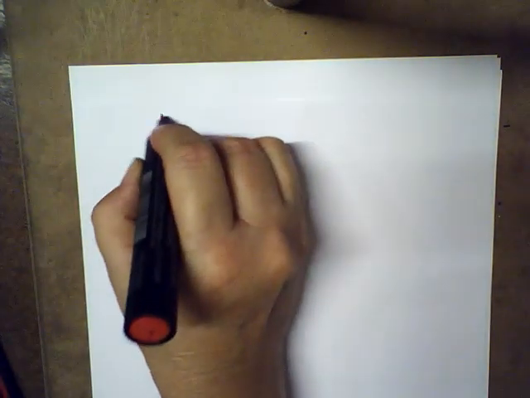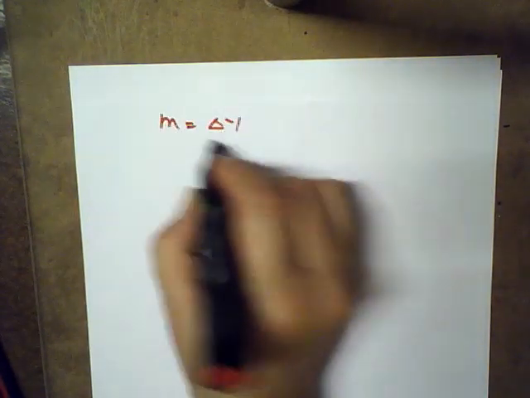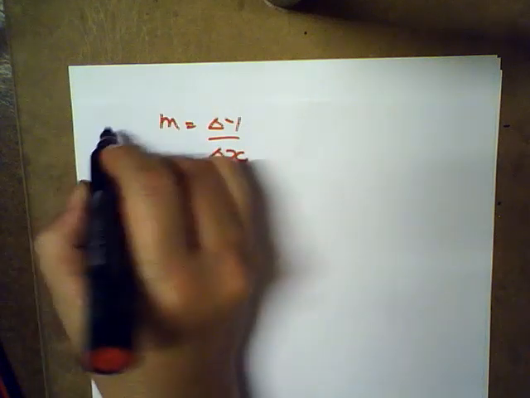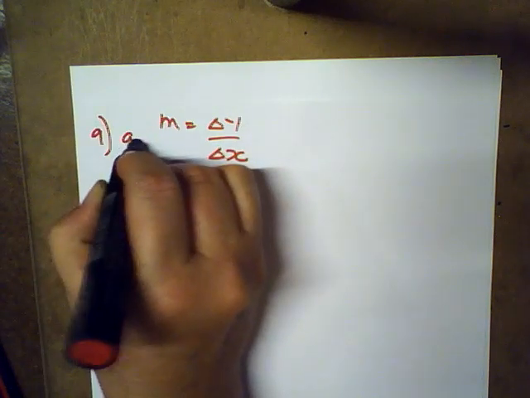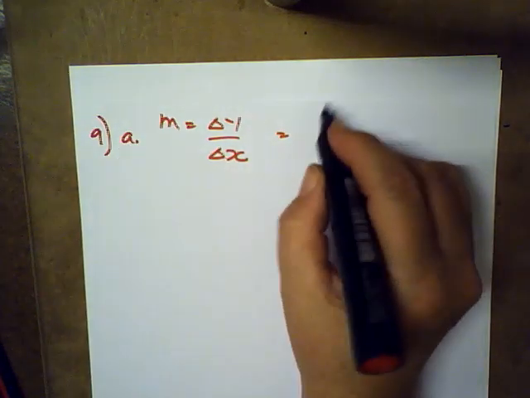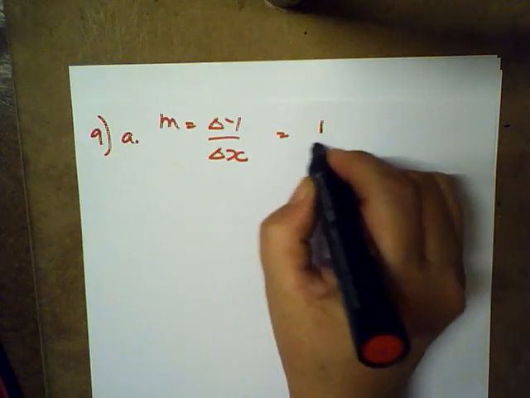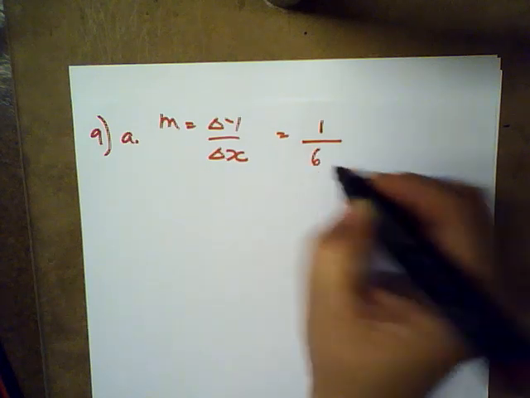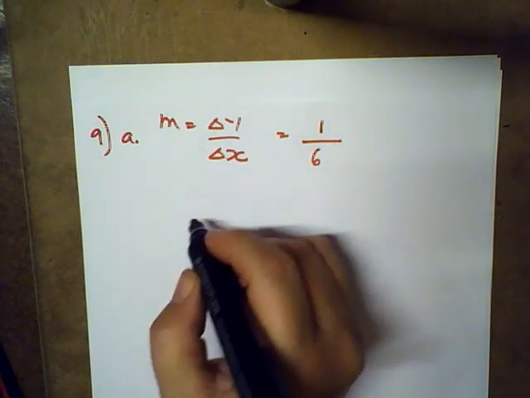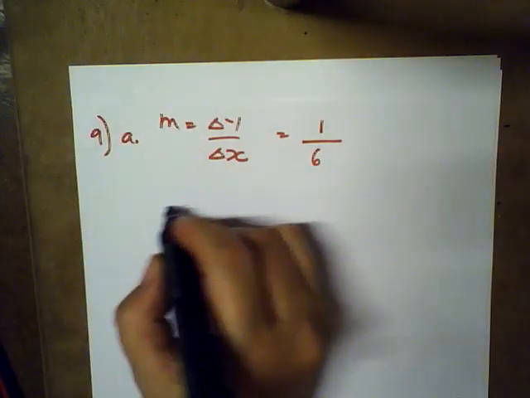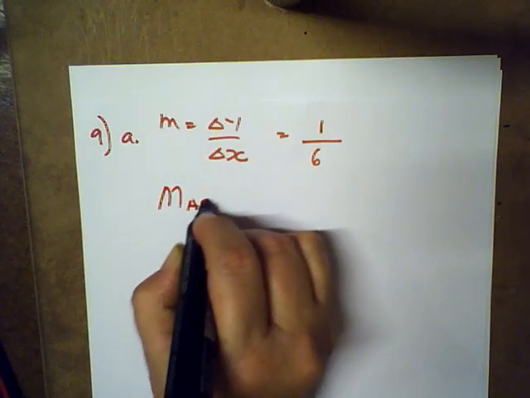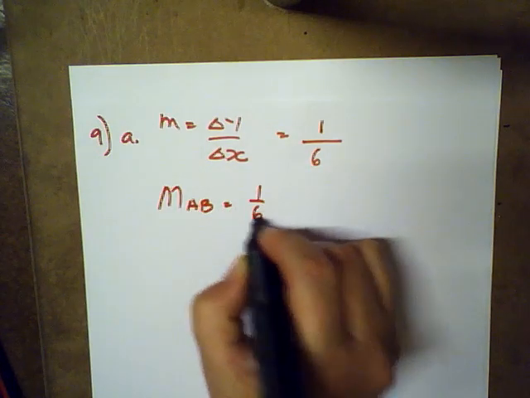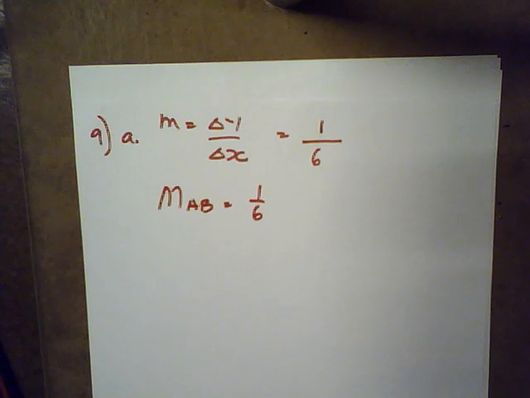So we know that the gradient is delta y over delta x. We're busy with question 9a, and I move up one space in the y direction and 6 spaces across in the x direction. Thus my gradient of line AB, m of AB, would be 1 over 6. Very nice and easy little sum there.